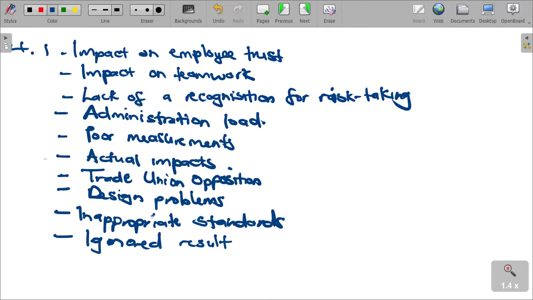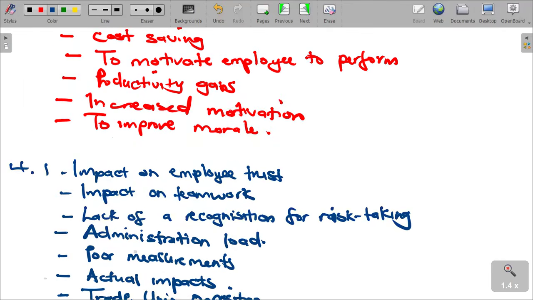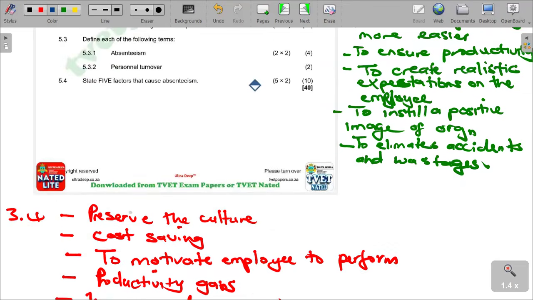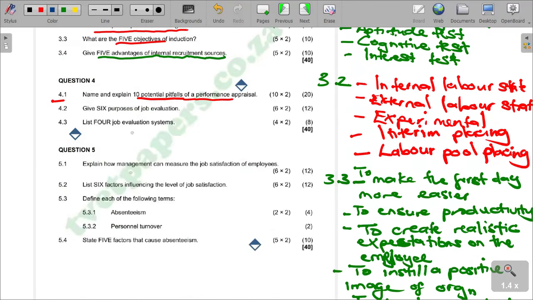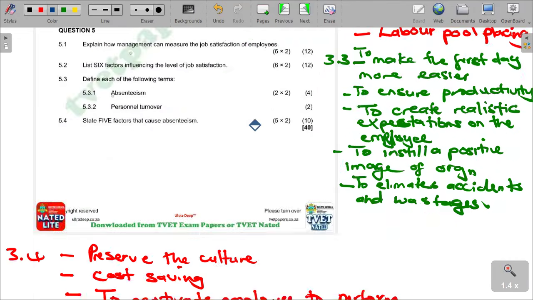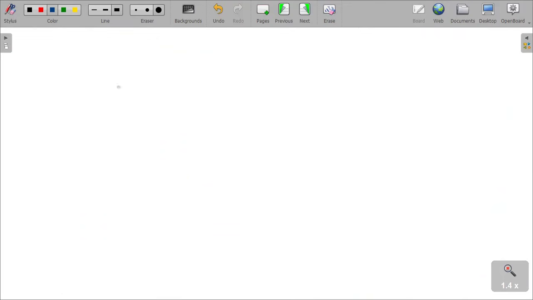So we did talk about the impact on performance appraisal. So let's go to 4.2. Give 6 purposes of job evaluation. We're going to discuss purposes of a job evaluation.